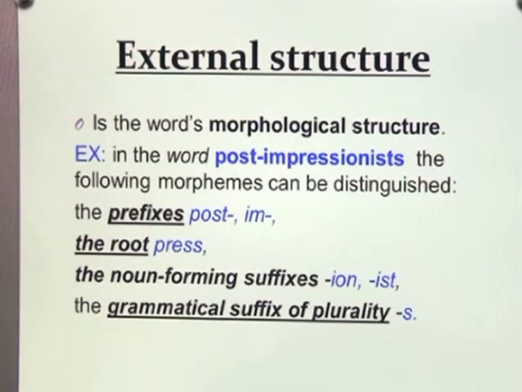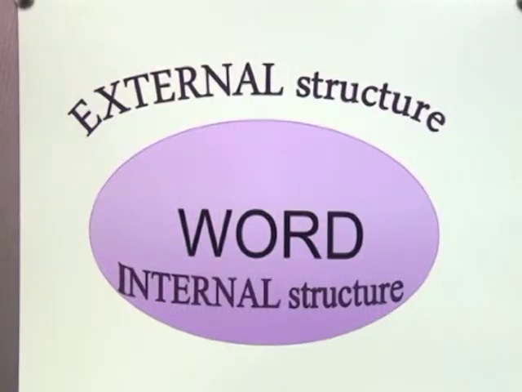For example, in the word post-impressionists the following morphemes can be distinguished: the prefixes post and im, the root press, the noun-forming suffixes ion, ist, and the grammatical suffix of plurality s. The external structure is morphological structure. The internal structure of the word, its meaning, is nowadays commonly referred to as the word's semantic structure.